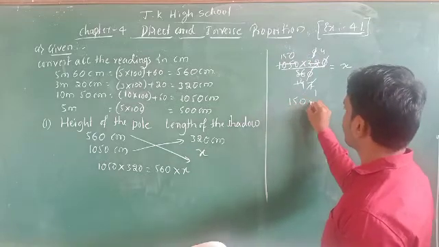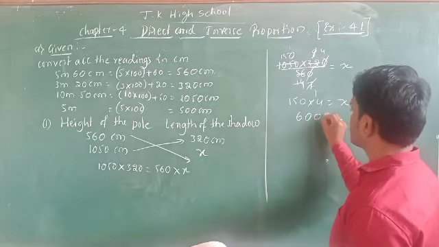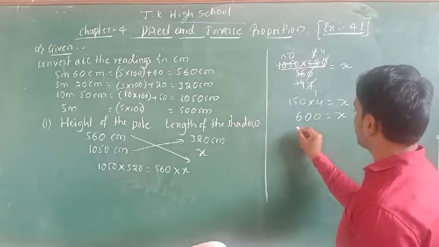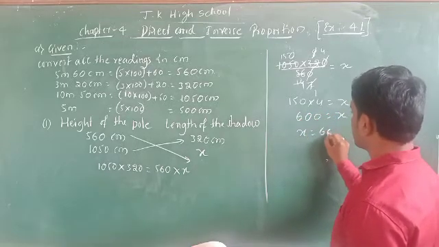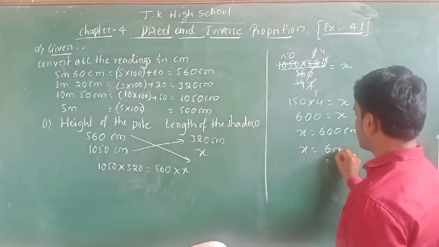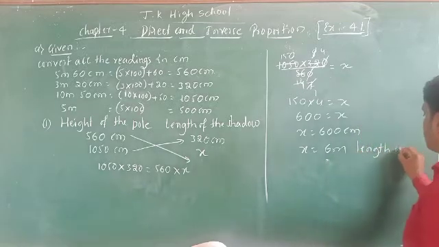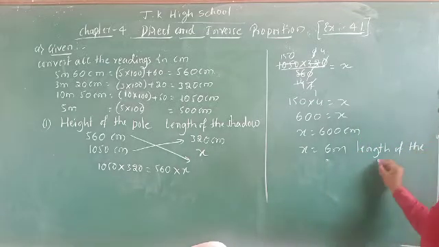The remaining values are 150 into 4 is equal to x, 15 4s are 60, so 600. So x is equal to 600 centimeter. Converting to meters, 6 meter. This is the length of the shadow.